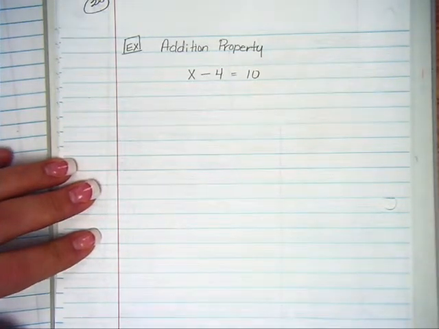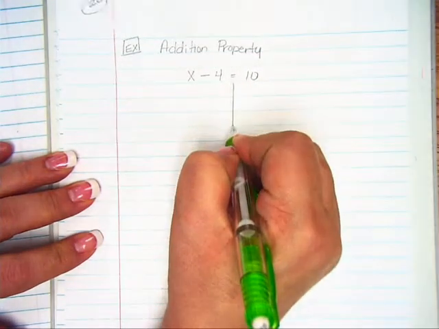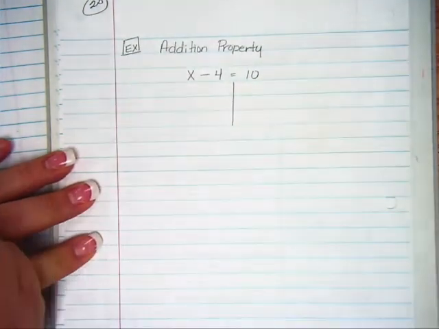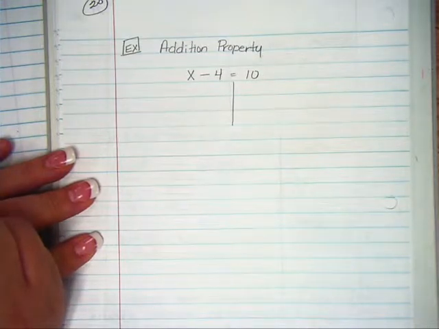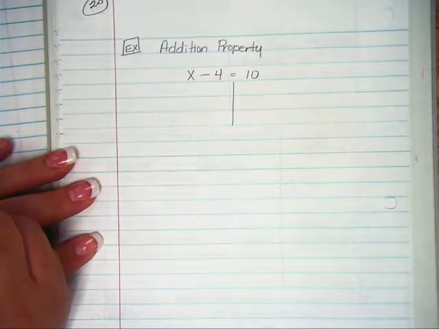Okay, here's the equation. Now, I know that you know that 14 minus 4 is 10, right? But here's how you do it with algebra. Now, I know you're going to want to skip this because it's so easy, but it's going to build, and you're going to need to be able to do this, so don't just ignore it. Okay, the inverse operation.